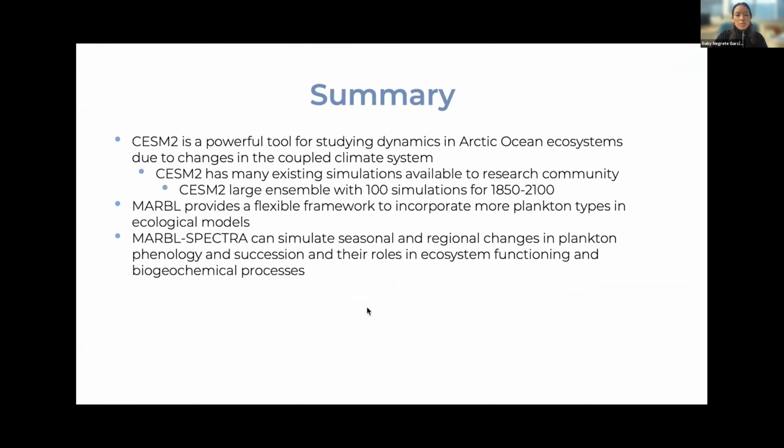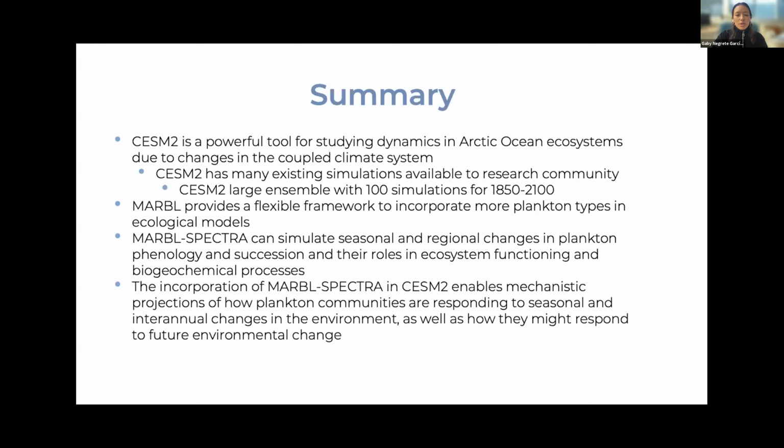In MARBL, spectra can simulate seasonal and regional changes in plankton phenology and succession, and their roles in ecosystem functioning and biogeochemical processes. And the incorporation of MARBL spectra and CSM2 enables mechanistic projections of how plankton communities are responding to seasonal and interannual changes in the environment, as well as how they might respond to future environmental change.